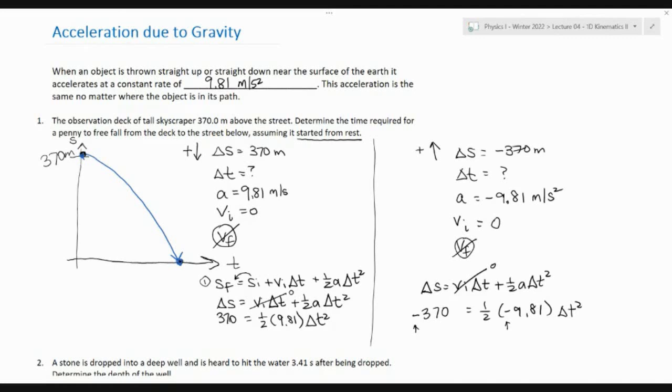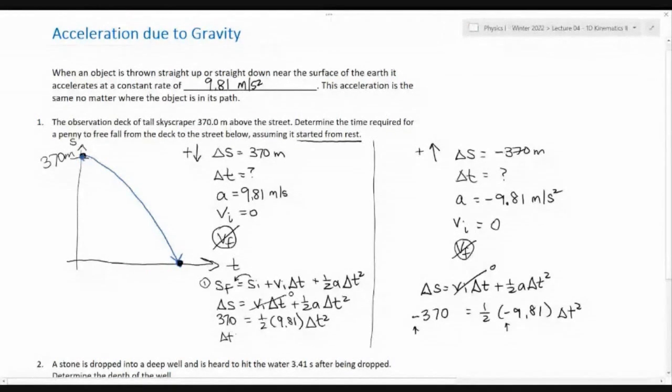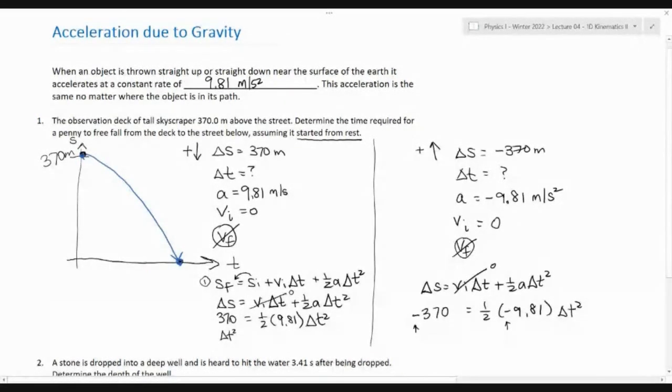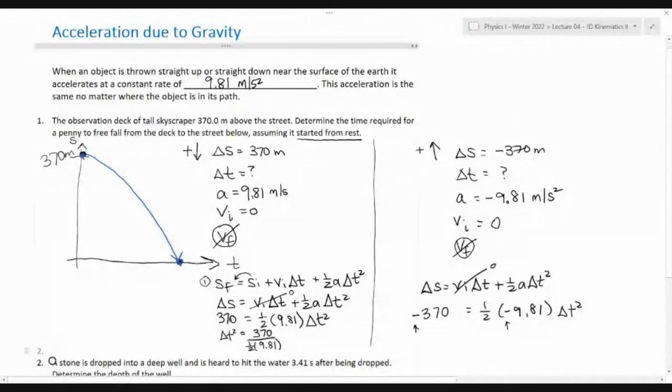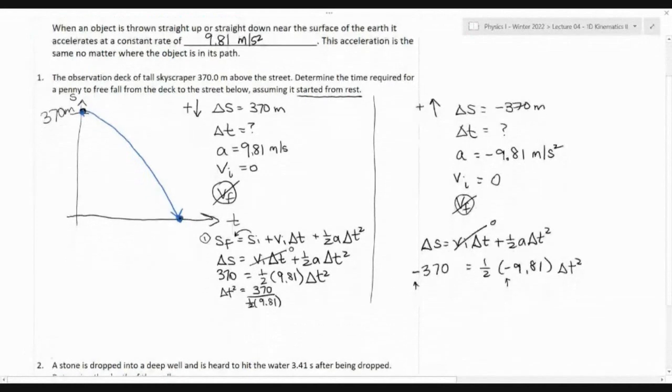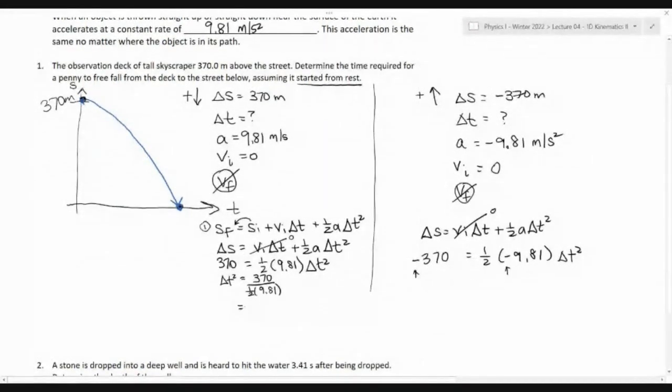Now we just have to solve for this. So delta t squared is 370 divided by 1/2 times 9.81. Does anybody want to type that up?